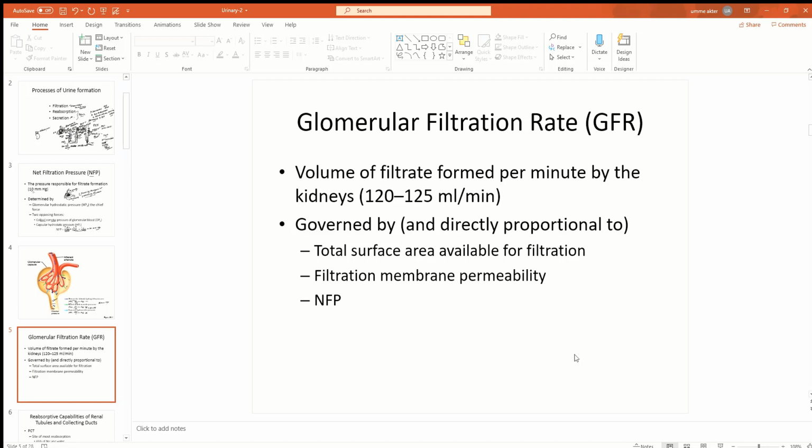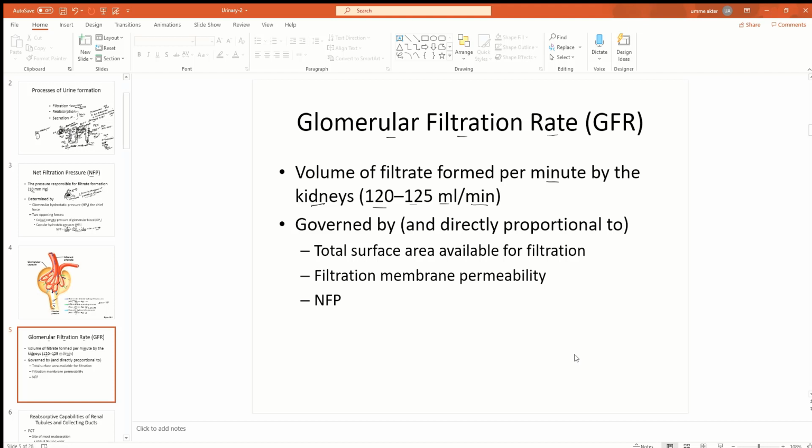How much filtration occurs in healthy kidneys, in two kidneys together? That means more than 2 million nephrons together in 1 minute form 120 to 125 milliliter, okay, in each minute, by your two kidneys together, and that is called glomerular filtration rate, okay, GFR.